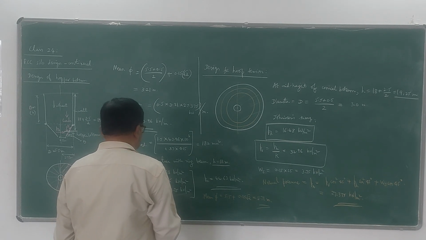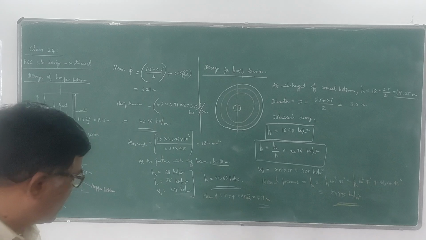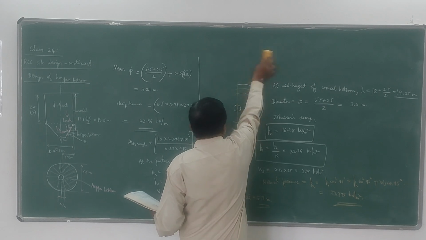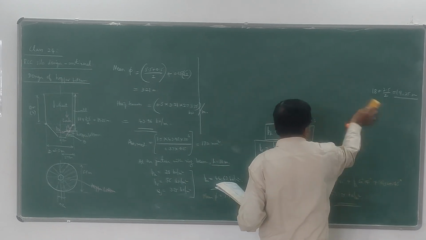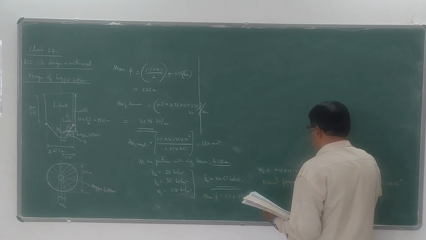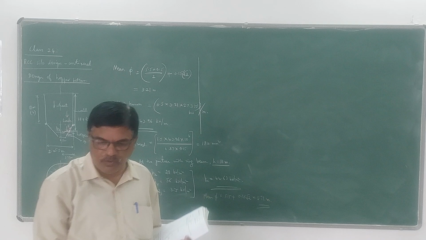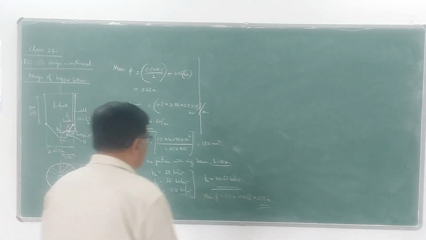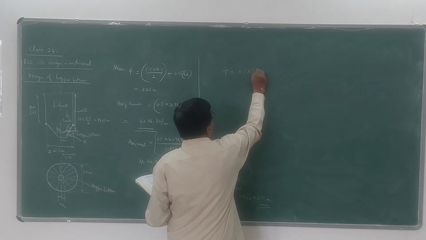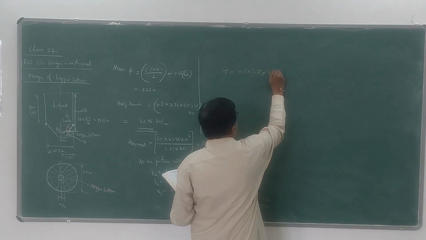Now, if you calculate the tension force, hoop tension force T is given by 0.5 times 5.71 into 44.63.